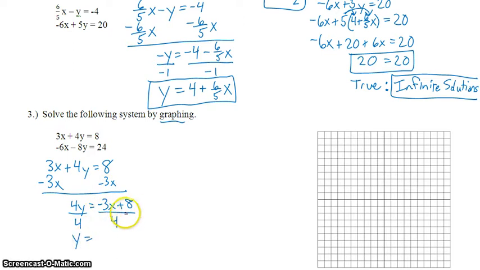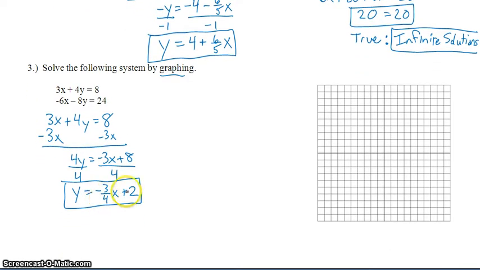And this division bar means group my numerator together and divide each term by 4. So negative 3 divided by 4 plus 8 divided by 4. My equation is now written in slope-intercept form.